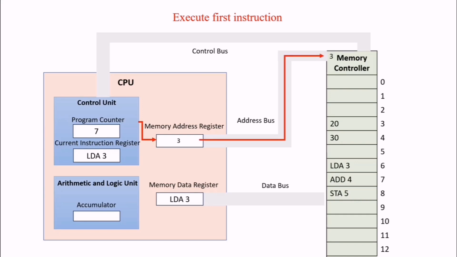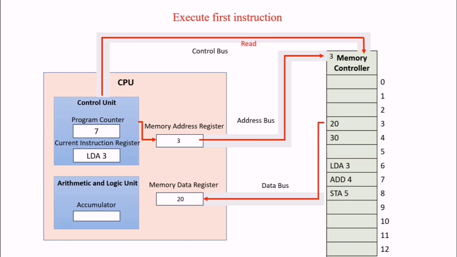A read instruction is then issued. The content of location 3, the number 20 in this case, is copied to the data bus and then to the memory data register, overwriting what's already there. Then it's copied into the accumulator, so that's the first instruction fetched, decoded, and executed.